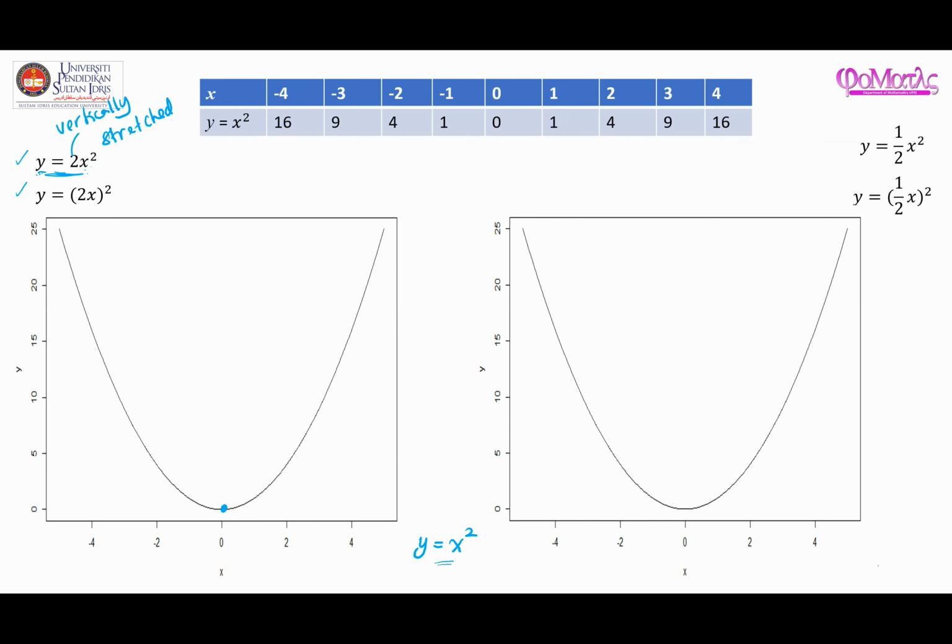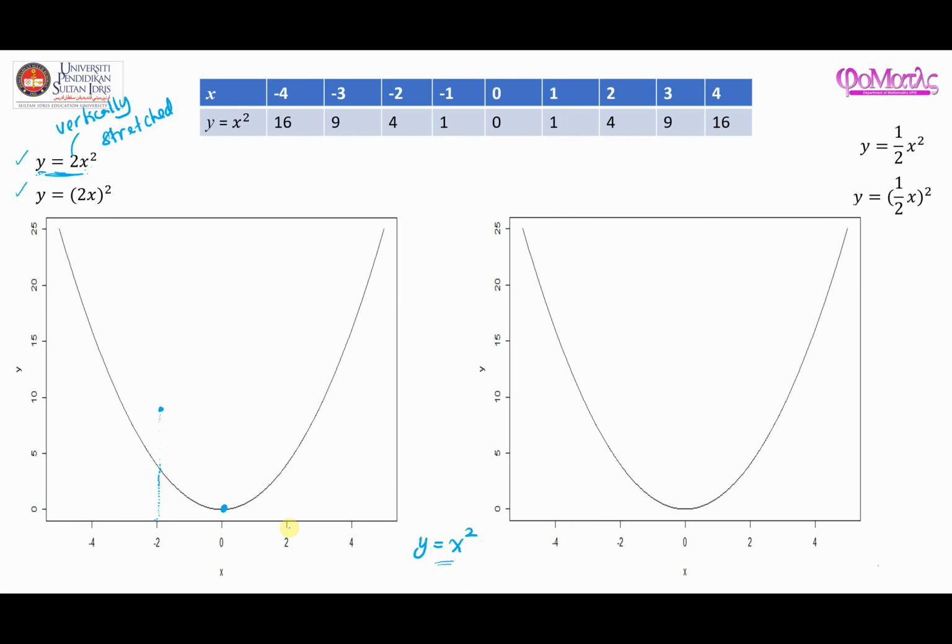Now if x is -2, originally the output of this function is 4, but now the output will be 8. So maybe somewhere here.